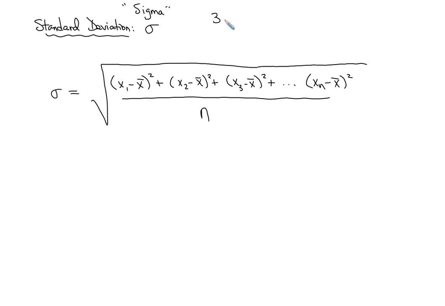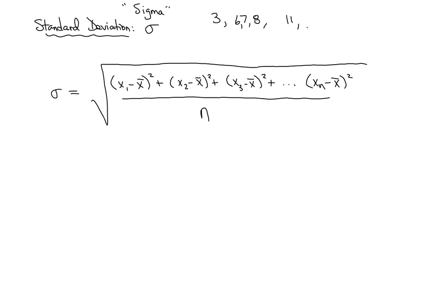So for example, let's do a simple example. Let's say we have 3, and then we have 7, and then we have 8, and then we have 11. And let's say we have a 6 in there. That'll work.